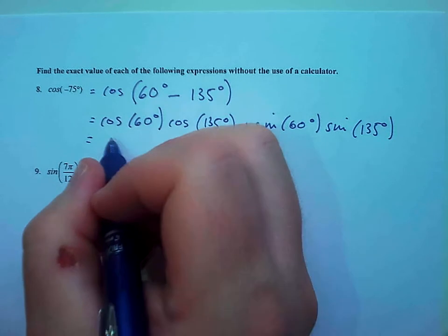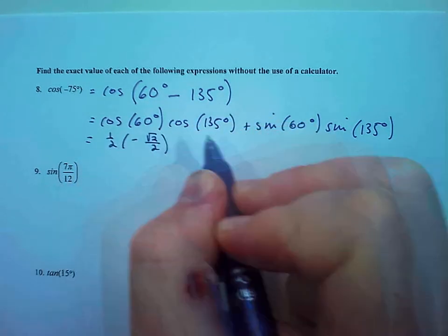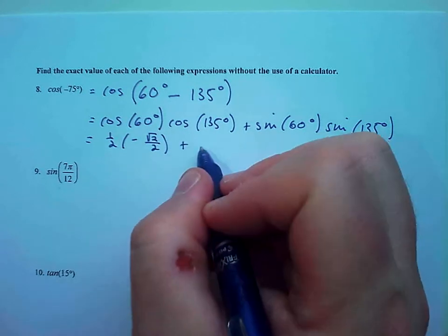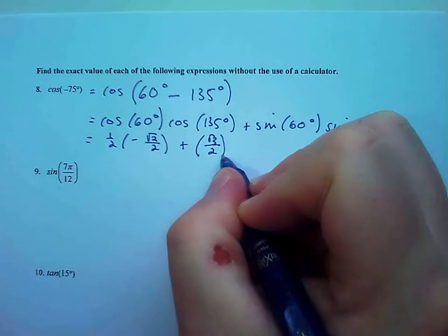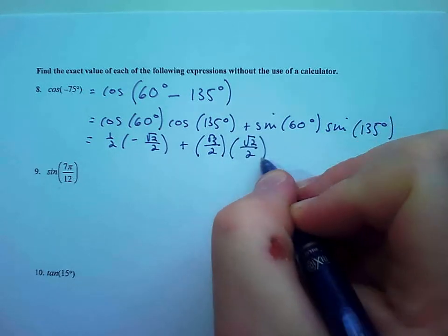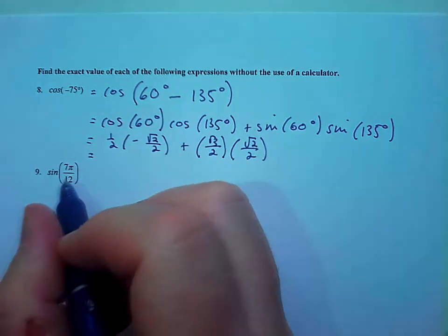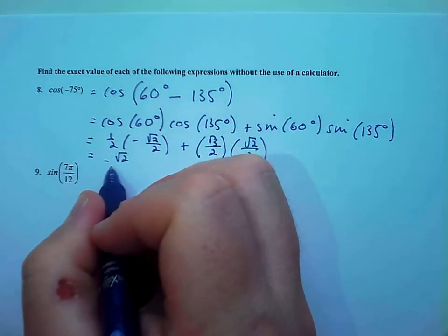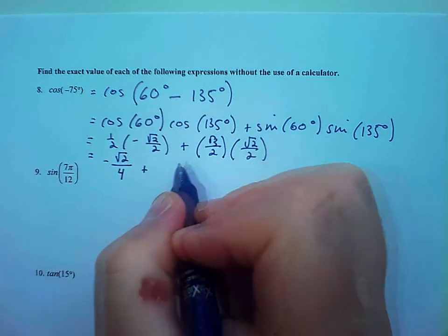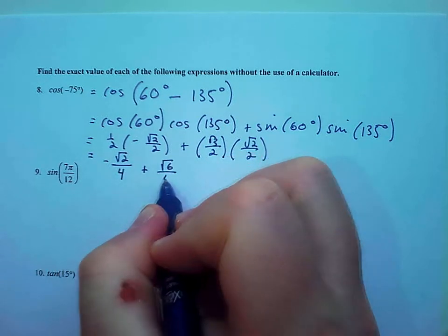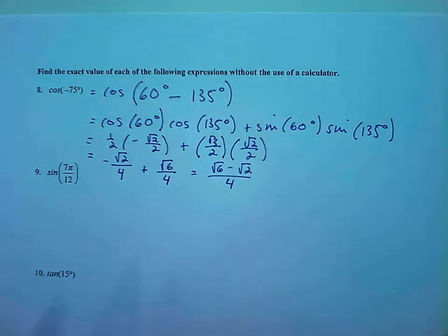Now using the unit circle, we get that this is 1/2 times negative square root of 2 over 2 for these first two terms, plus sine of 60 is equal to the square root of 3 over 2 times the square root of 2 over 2. We can now do some algebra to these, and this is going to become negative square root of 2 over 4 plus the square root of 6 over 4, or the square root of 6 minus the square root of 2 over 4.